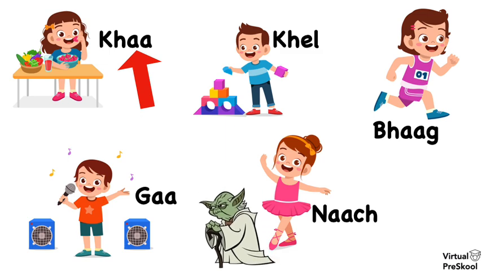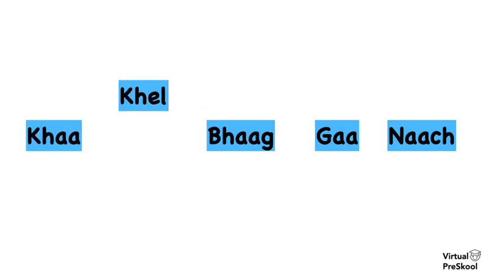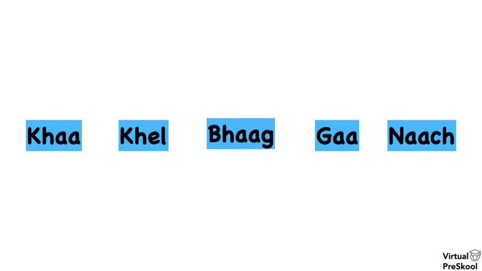Master Yoda says, now there's a disturbance in the force. We must bring balance back. But how? How do we bring balance back to these words, when we're left with these shortened words, kh, khel, bhag, ga, and nach?